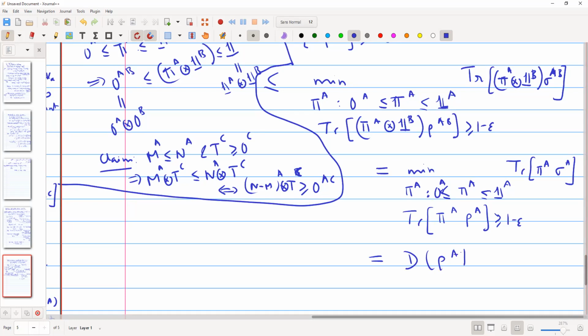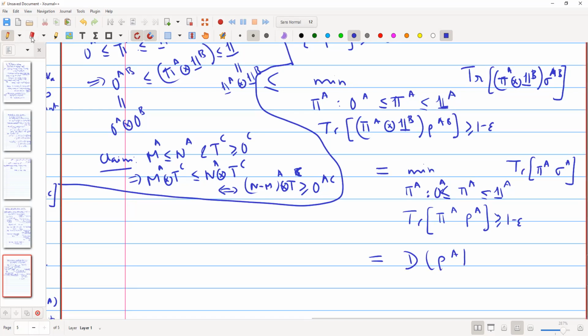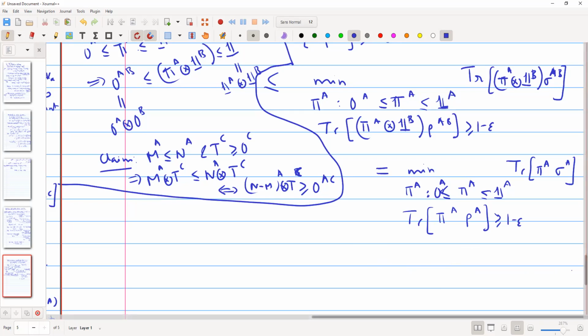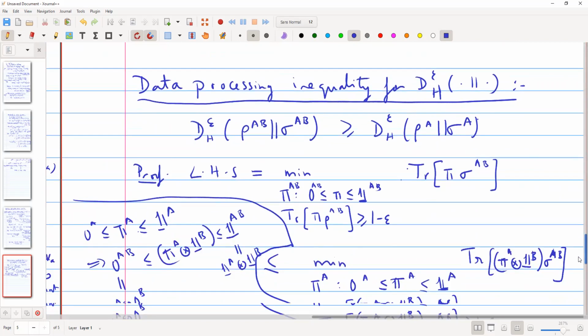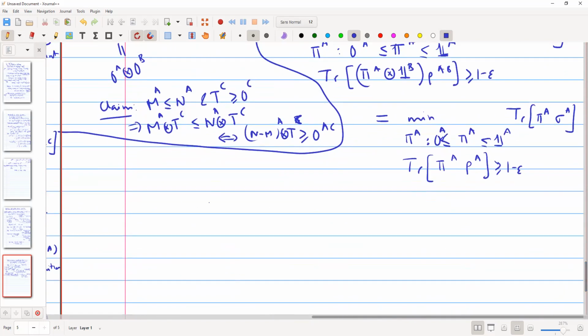Well, I did it by removing the negative log. So let me write the proper thing. So basically, the optimal value of the semi-definite program for the left-hand side was this one, and that is less than the optimal value of the semi-definite program for the right-hand side. So now when you take negative log, the inequality reverses.